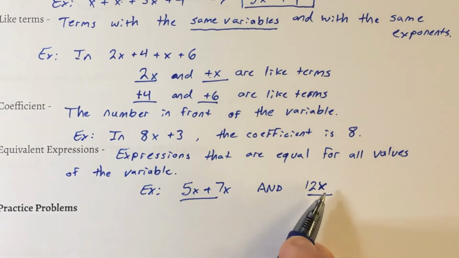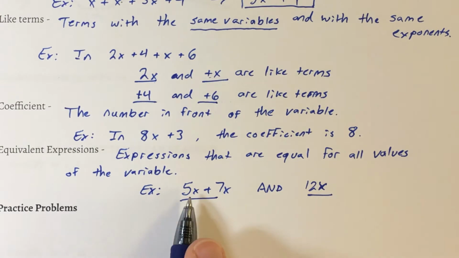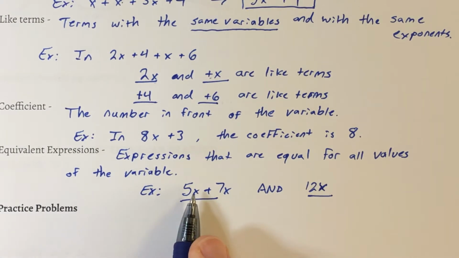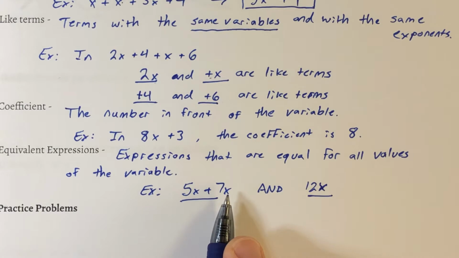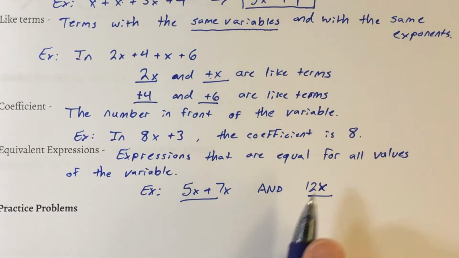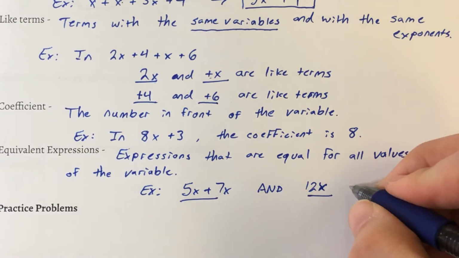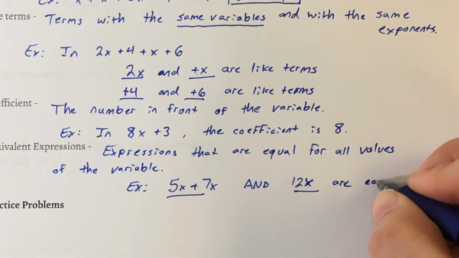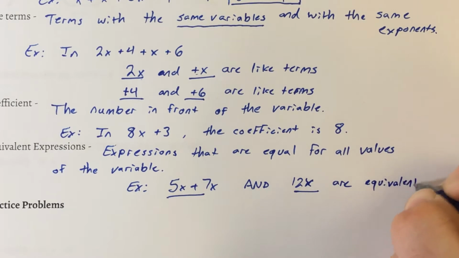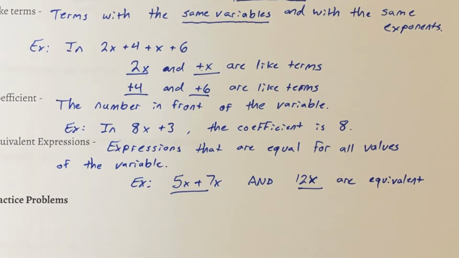If I chose x to be 2, well, I would do 5 times 2 and get 10, plus 7 times 2, which is 14, and I'm going to get 24. Again, x we chose to be 2. So 12 times 2 would be 24. And it doesn't matter what I choose x to be, that's going to come out to the same answer. So that means 5x plus 7x and 12x are equivalent. Because it doesn't matter what I choose that letter to be, both expressions are going to come out to the same value if I were to evaluate them.